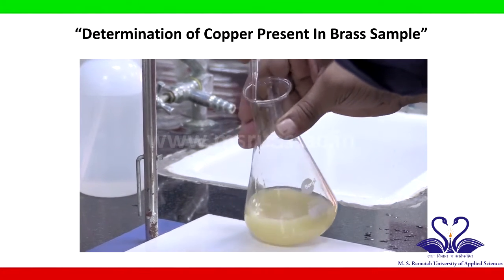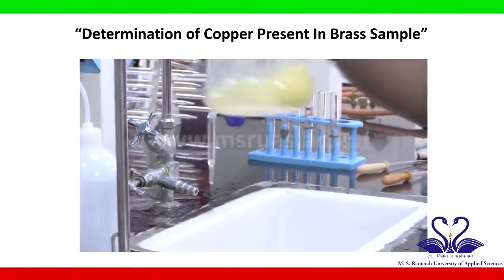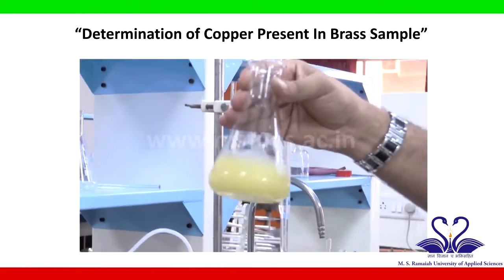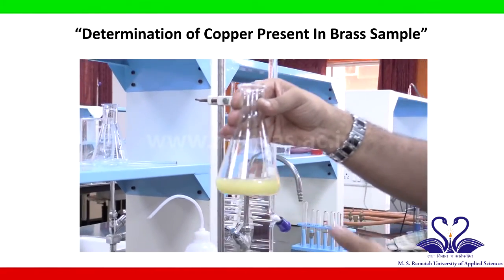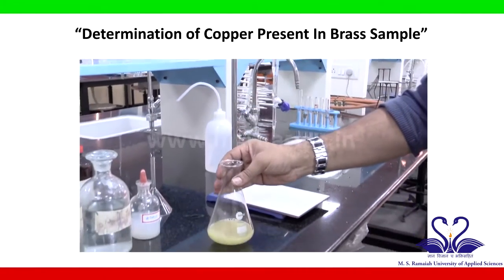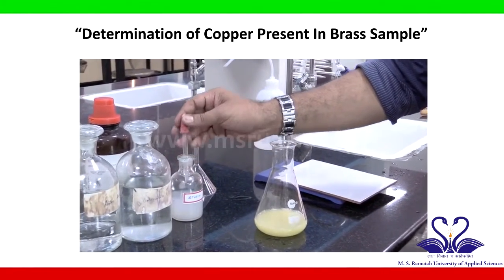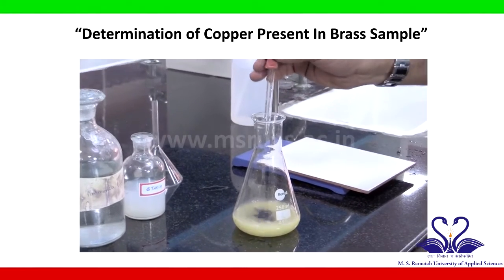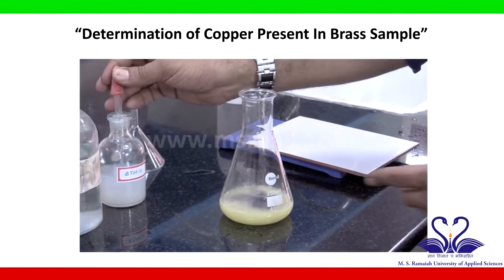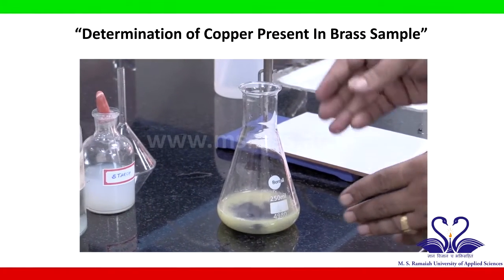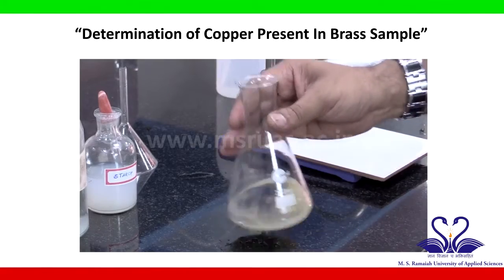Yes, you can see now it is pale yellow in color. At this point you have to add the starch. At least 5 to 10 drops of starch you can add. You can see it becomes blue color. The blue color is because of the starch-iodine complex.